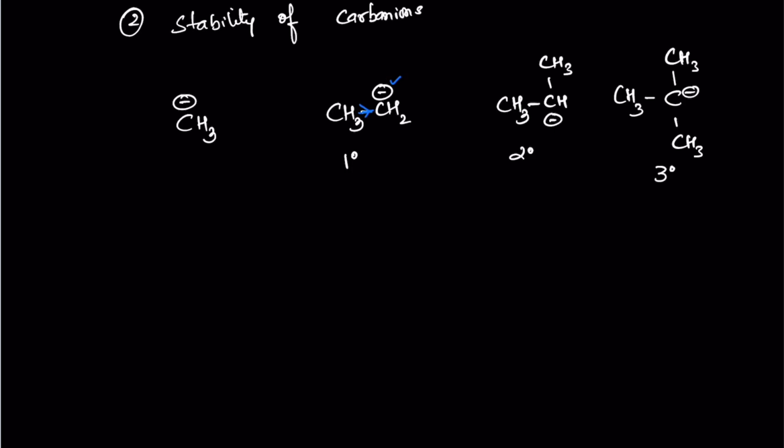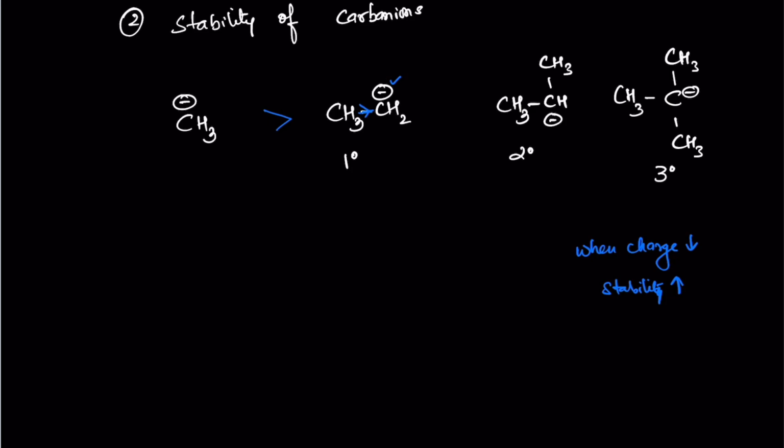But what our rule said was when charge decreases, stability increases. So when charge is increasing, the stability will decrease. In this case, the plus I effect of CH3 is increasing the negative charge. So this will become less stable than CH3 minus.